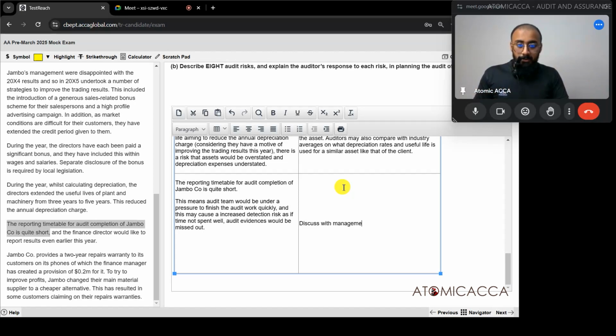Discuss with management about the timeline issue and request an extended time period to do the audit procedures properly with the best quality.